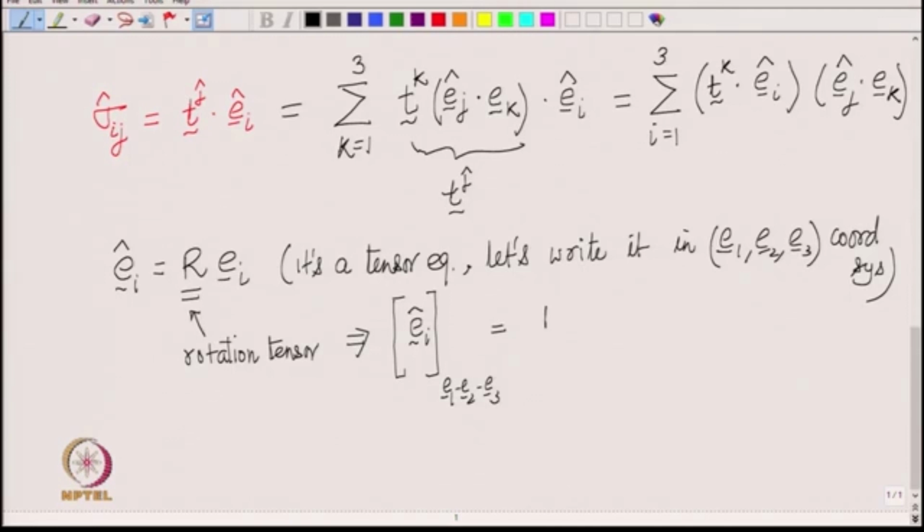Similarly, we have the representation of the rotation tensor. Since it is a second order tensor, it is going to be a matrix, and again I have to write this in the E1, E2, E3 coordinate system, and then I multiply this with E I, and again I have to write E I in the E1, E2, E3 coordinate system.